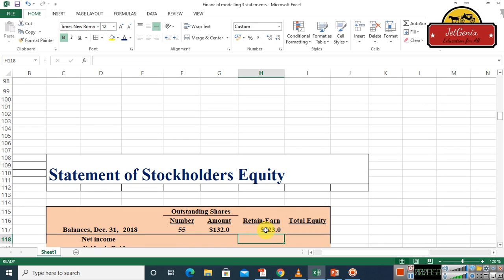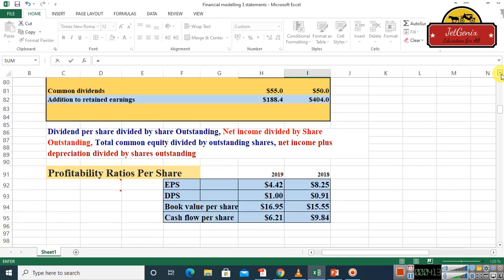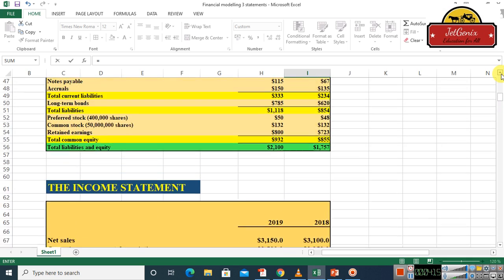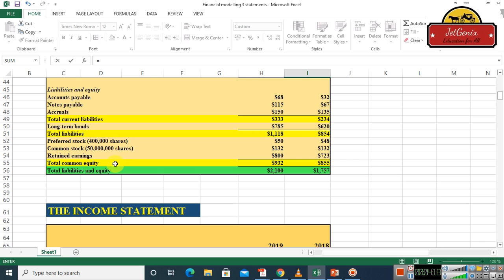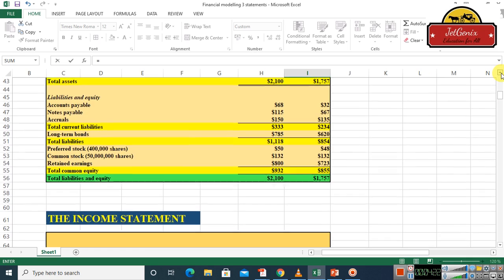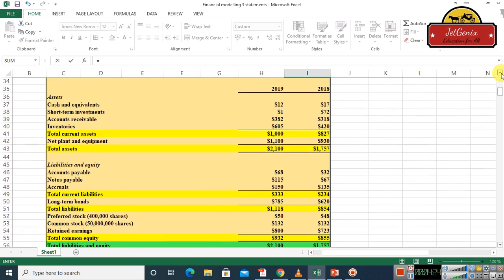Now we have the retained earning at 31st December 2018, 723 million, and for the total equity in 2018, again we have to go back to the balance sheet. The total common equity is here in 2018. You can see we have both the 2018 and 2019 data.